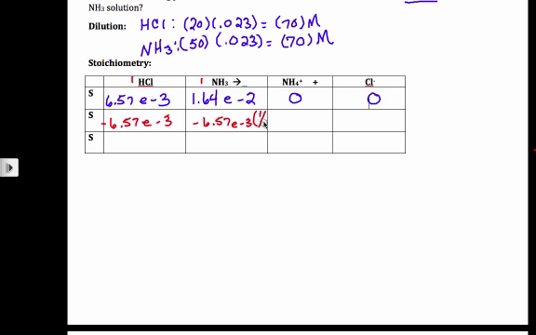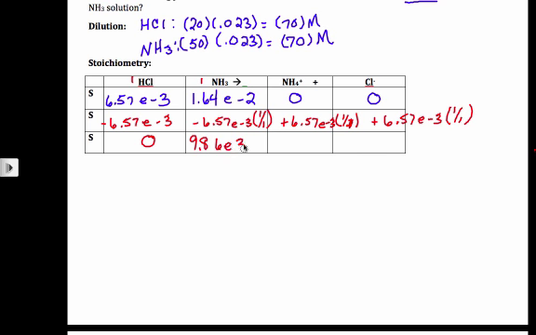Just to be very clear, I'm going to multiply that by the mole ratio. I get plus 0.657 times 10 to the minus 3 times the mole ratio, and the same thing for the chloride. Mole ratio is 1-to-1. Okay, now I run out of my acid and I have excess ammonia.